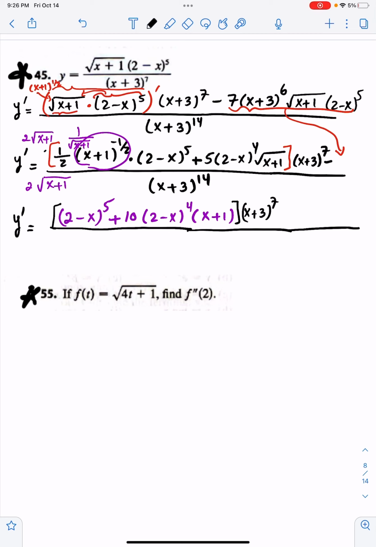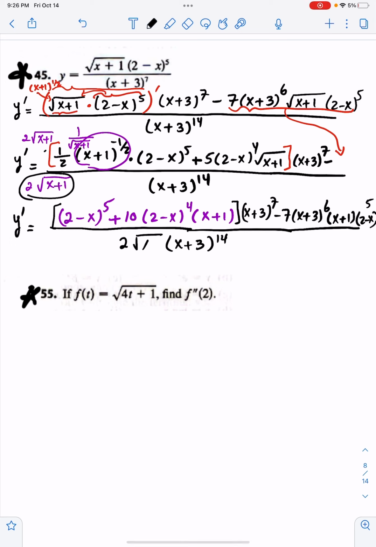So I'm going to copy down things, negative 7, (x plus 3) to power 6. Radical and radical simplifies to just x plus 1. And then (2 minus x) to power 5. In the denominator, (x plus 3) to power 14, but also 2 times radical x plus 1.